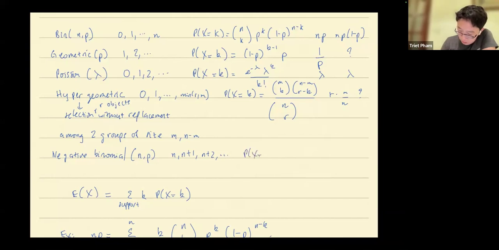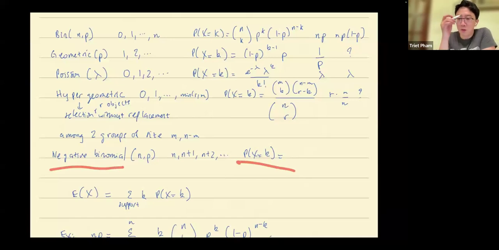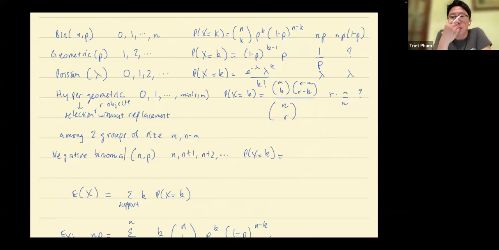Let me pause. Anyone care to say what the distribution for the negative binomial is? In other words, for a negative binomial, what's the probability X equals k? You take k trials to get n successes, to see the first n successes.